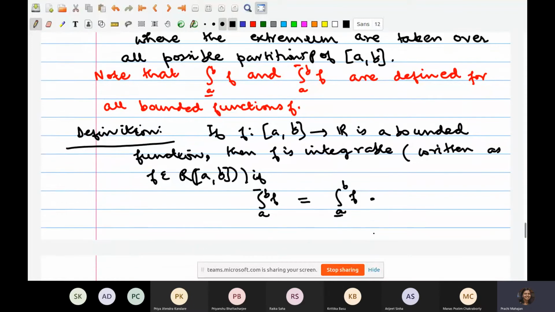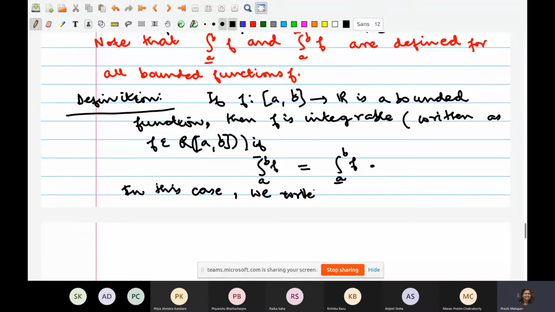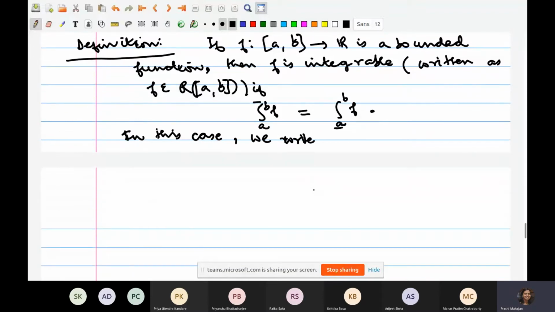And in that case, when the upper Riemann integral agrees with the lower Riemann integral, we write the integral of f as the common value.